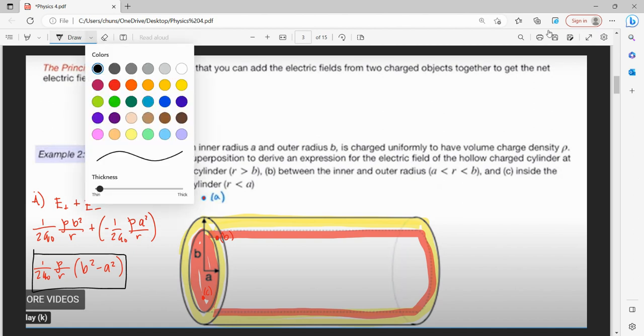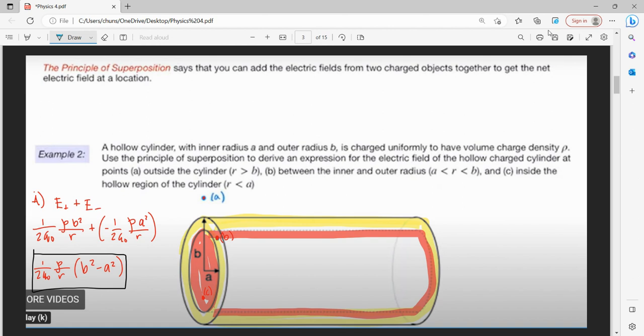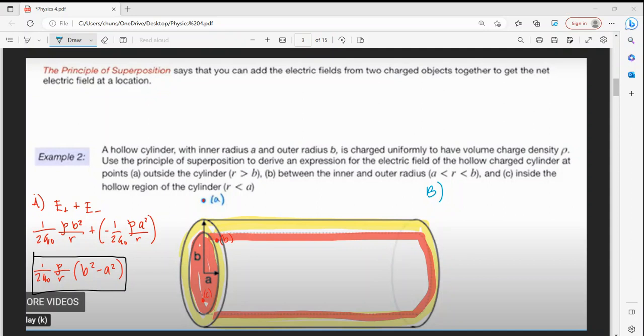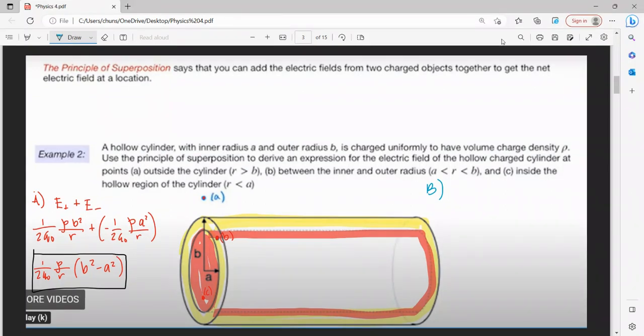Now if we take a look at part B, B lies within our section. So in this case, we're going to do the same thing where we have our positive plus our negative, but b is now replaced by r, right? So rather than taking this whole b into account, we're just measuring at this distance r.